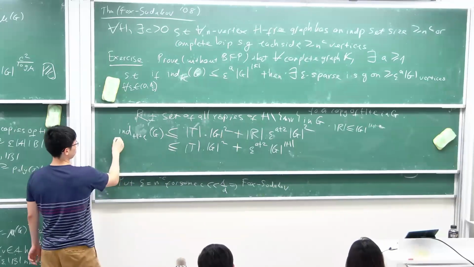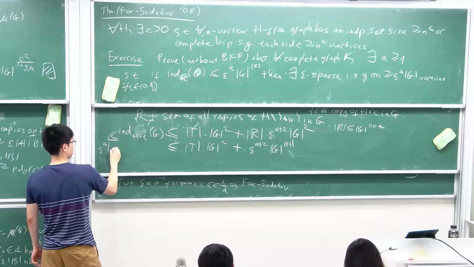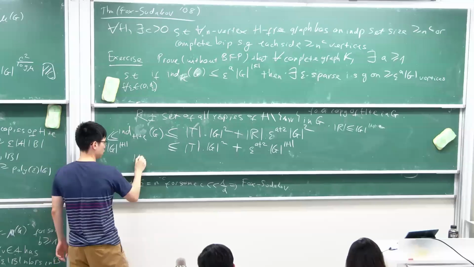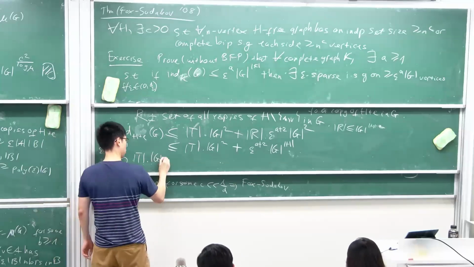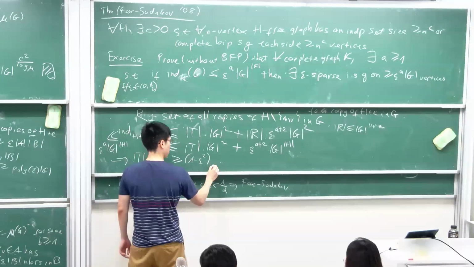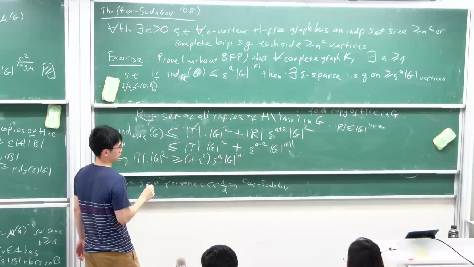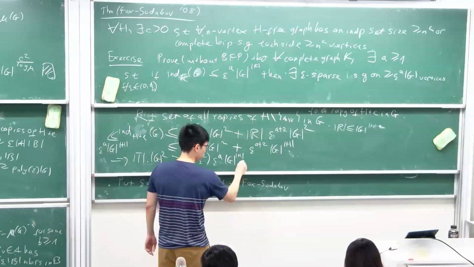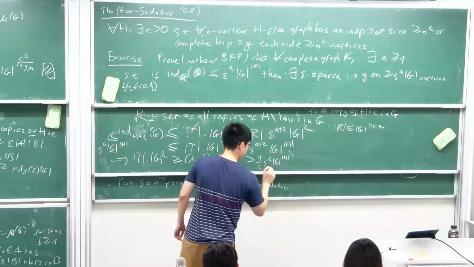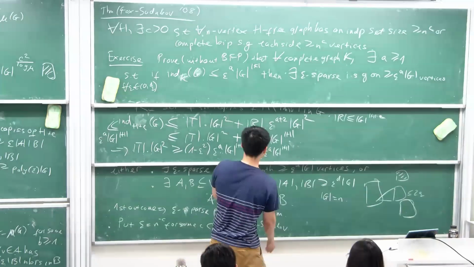And as we assumed at the beginning, the number of copies was at least epsilon to the A times G raised to the power of H. So now you can see T times G squared has to be at least 1 minus epsilon squared times epsilon to the A raised to the power of G H, which is of course bigger than 1/2 of that.